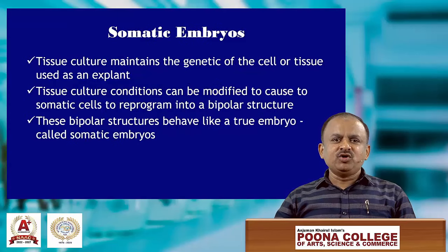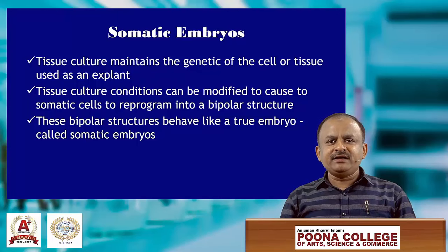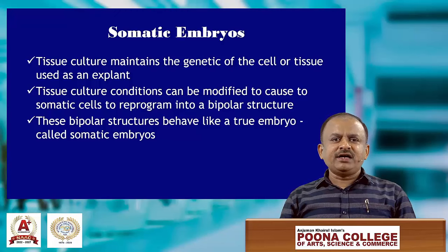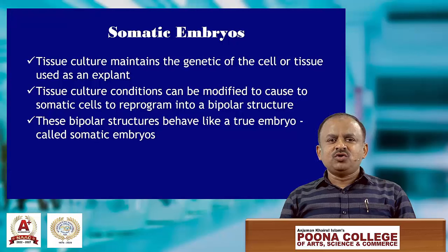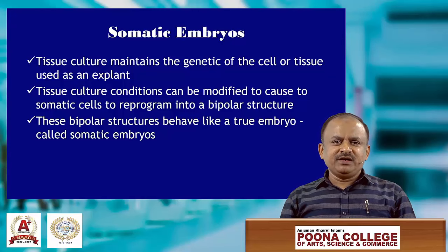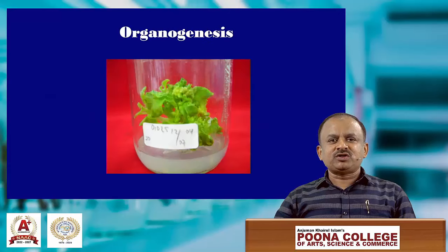Somatic embryos are generated by using tissue culture techniques. This tissue culture maintains the genetics of the cell or tissue used as an explant. Tissue culture conditions can be modified to cause somatic cells to reprogram into a bipolar structure. These bipolar structures behave like a true embryo and are called somatic embryos.